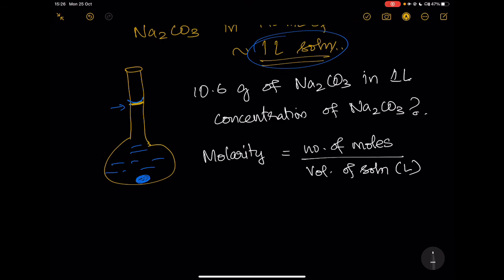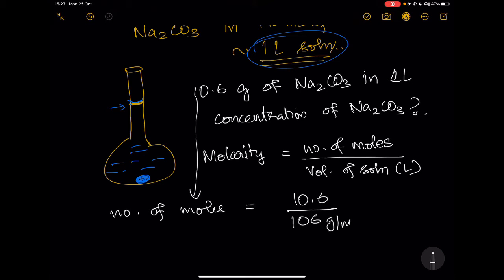So for instance, we have said we'll be using 10.6 grams of sodium carbonate. So the number of moles is going to be equal to 10.6 divided by 106 gram per mole. You have grams here, so therefore you're going to get 0.1 moles of sodium carbonate that is present.